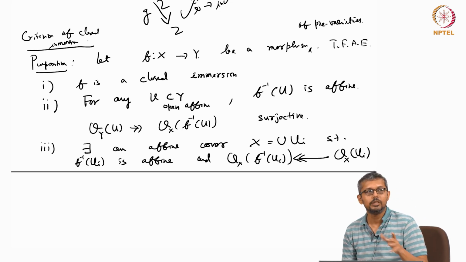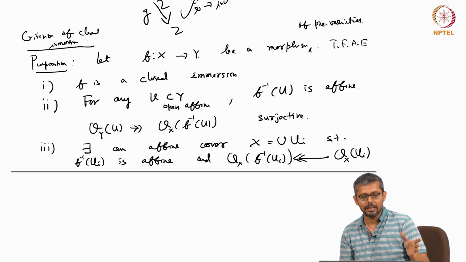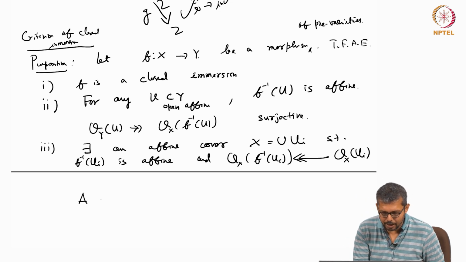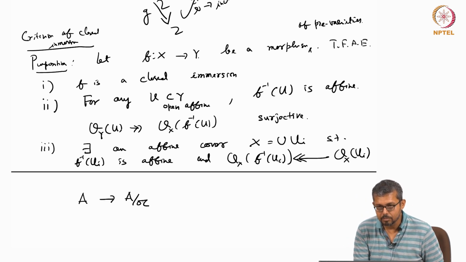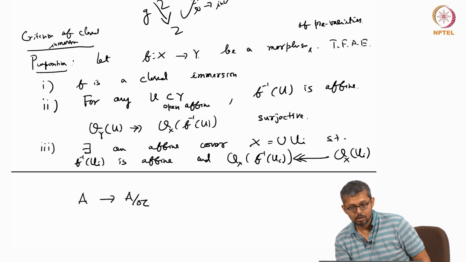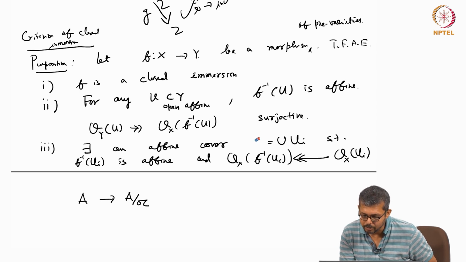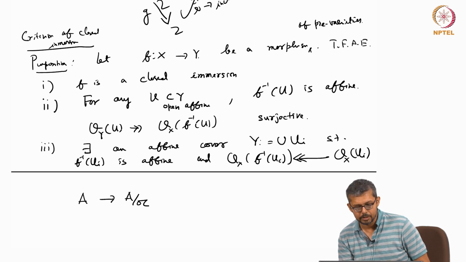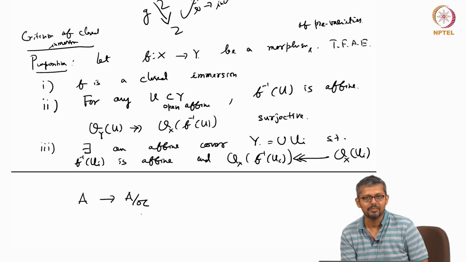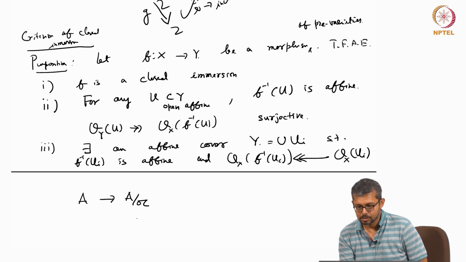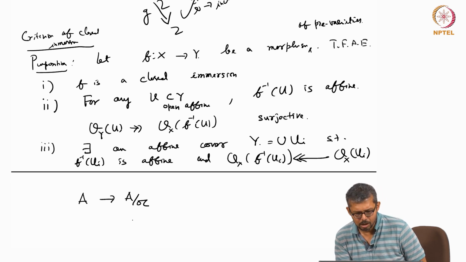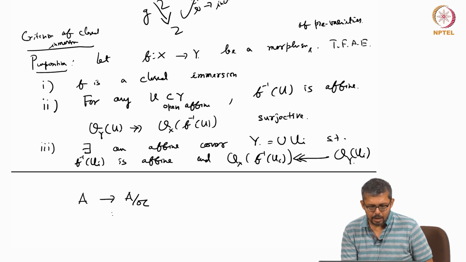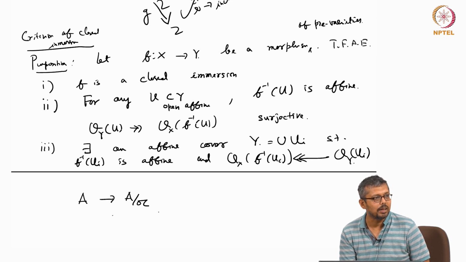Right. Now you see that, for example, A to A... Oh, sorry, this will be Y. Thank you, because I am talking about F inverse. Now you see here A and A mod A. This is OY.